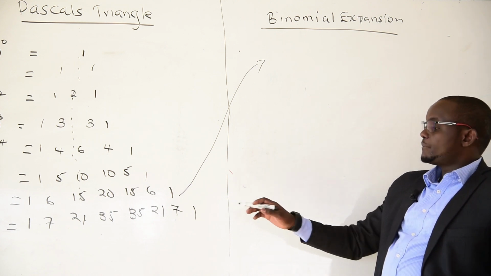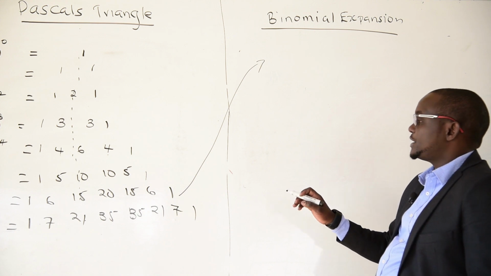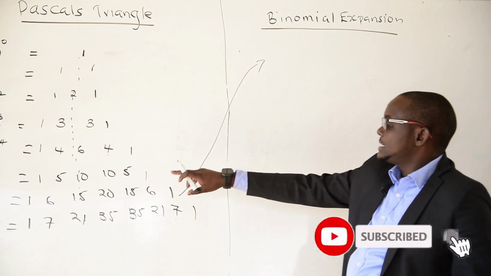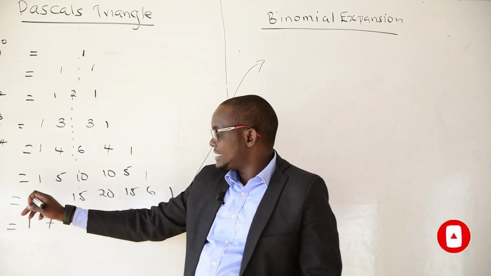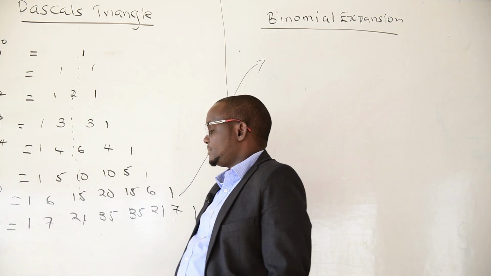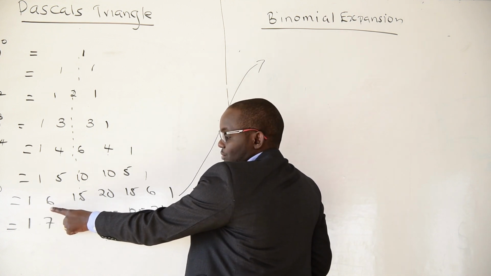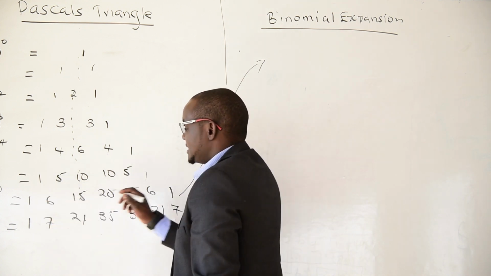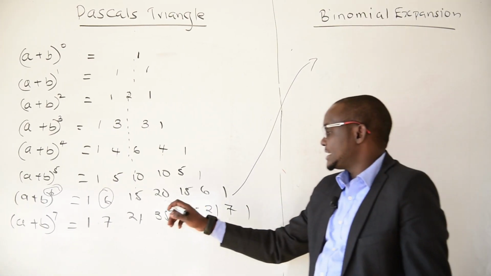Now, this can be gotten using what we call combinations, using your scientific calculator. For instance, if I want to get this value, 6, I can count 1, 2. It is my second term.